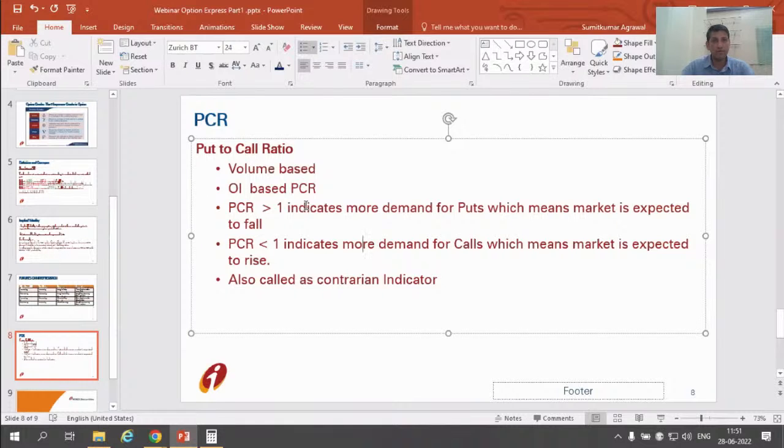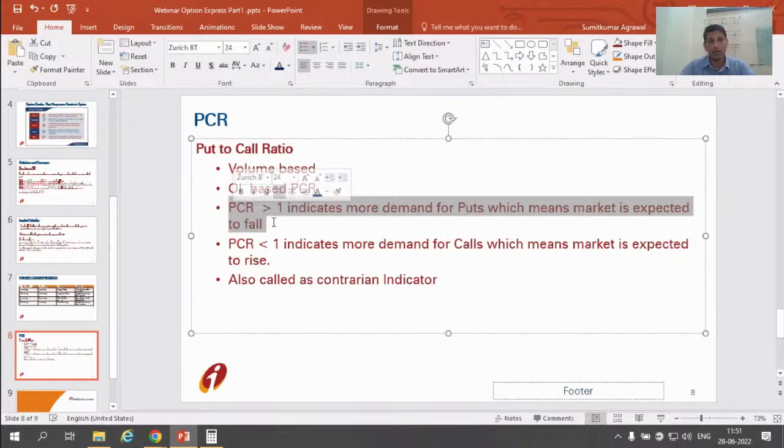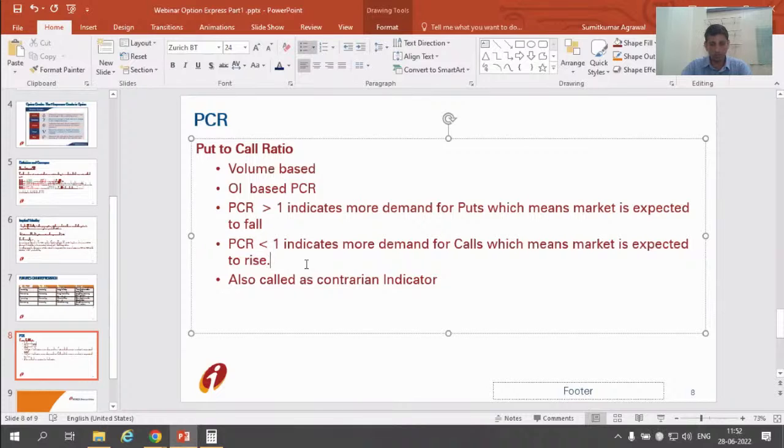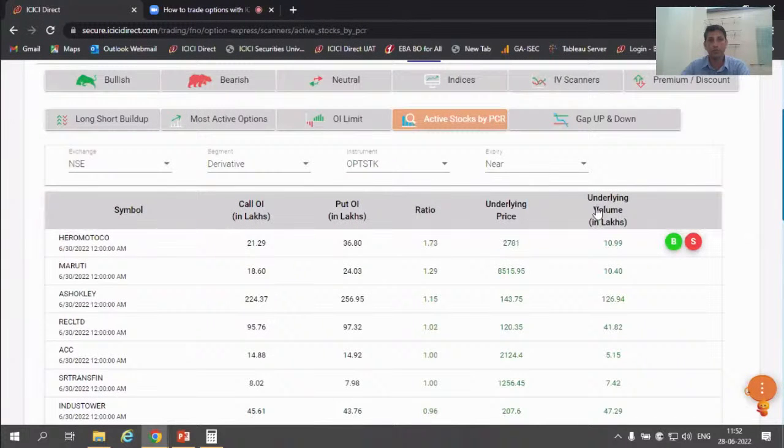So some people like to short here, and some people would like to buy here, because they see that the market has already fallen and now it's going to take the reverse position. Similarly, they will think that the market is already at the peak. So as a contrarian, they will try to short this particular strike based on that put to call ratio basically.